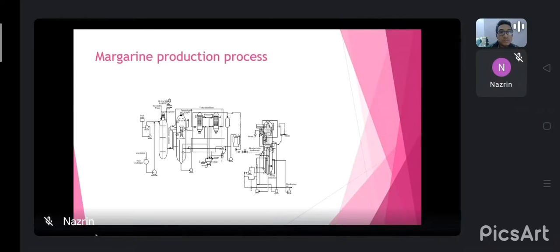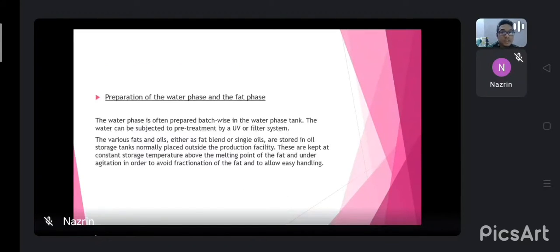For the margarine production process, this is the P&ID. The process goes like this. First, the preparation of the water phase and the fat phase. The water phase is often prepared batch-wise in the water phase tank. The water can be subjected to pre-treatment by a UV or filter system.